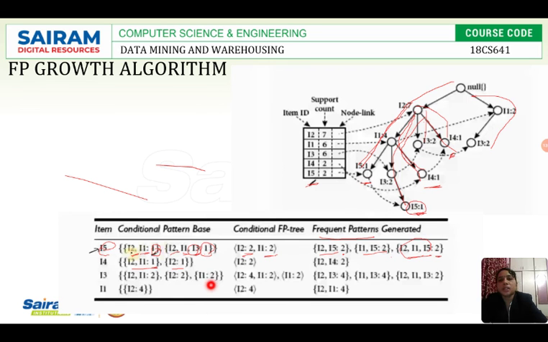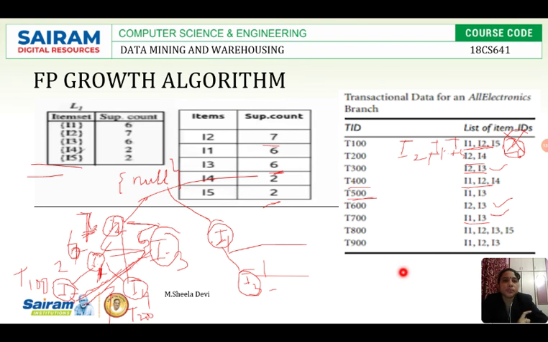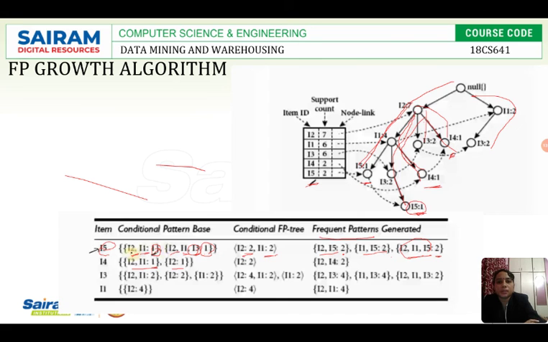So we are writing this I1 twice because I1, I3 is repeated twice in the transaction. See here 1, 2. Twice I1, I3 is repeated. So I am writing twice. See here I1 twice. That's why I am writing here also how many times I1 is repeated? Twice. Along with the I3 it is twice.